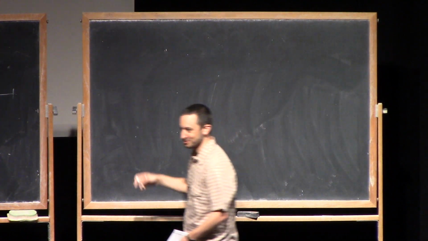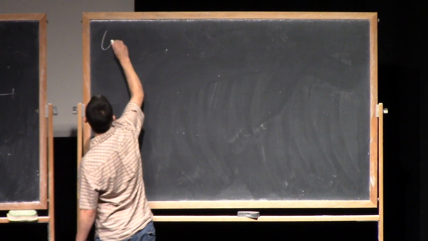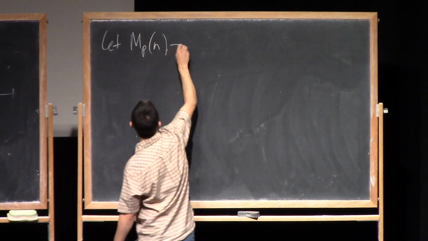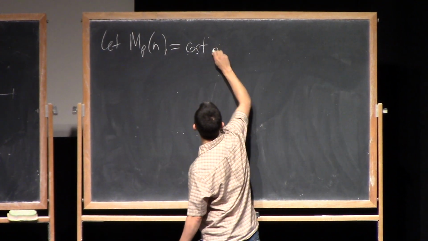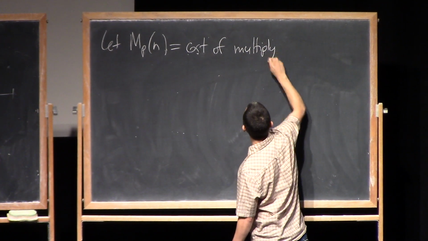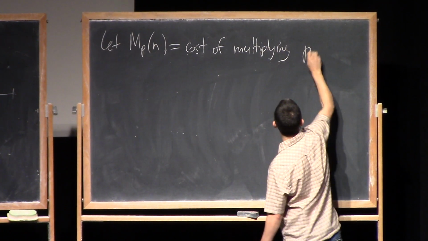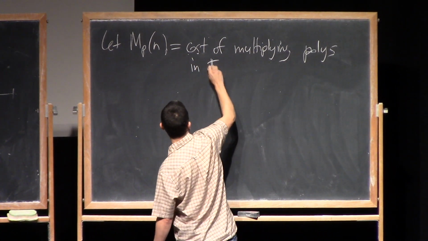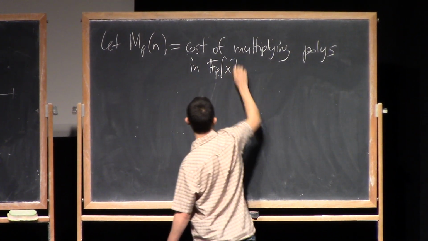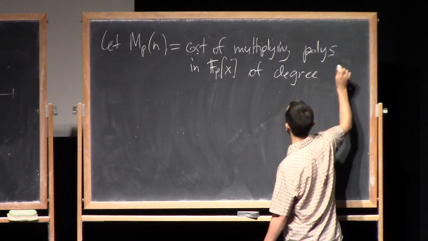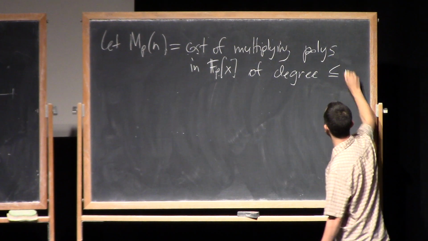Okay, so now we get to the fun stuff, right? Let's write M_p(n) to be the cost of multiplying polynomials in F_p[x] of degree, say, less than or equal to n.